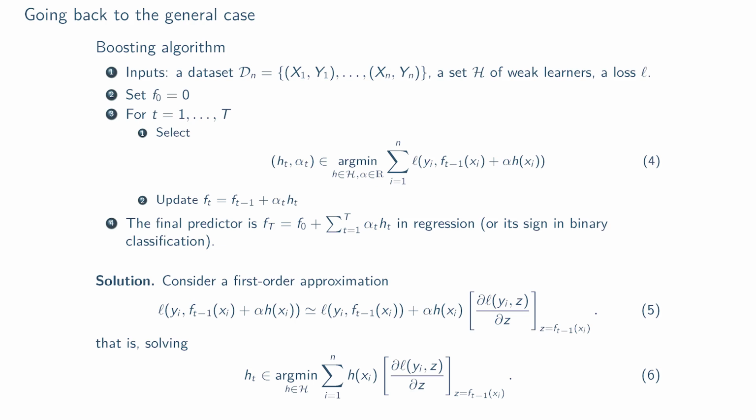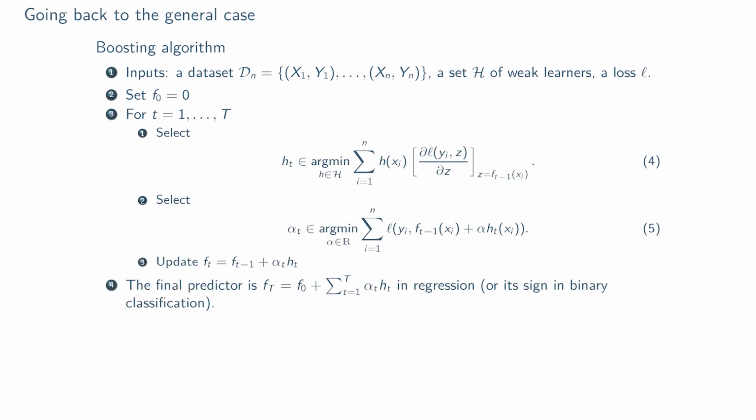With this first-order approximation, we can rewrite the boosting algorithm by decomposing the joint optimization into two successive optimizations. First, we want to find ht, minimizing the quantity we derived earlier in equation 4, and then find alpha t, minimizing the loss defined earlier in equation 5. Unfortunately, the optimization of the first criterion is always complex, since the optimization space in 4 is potentially infinite.